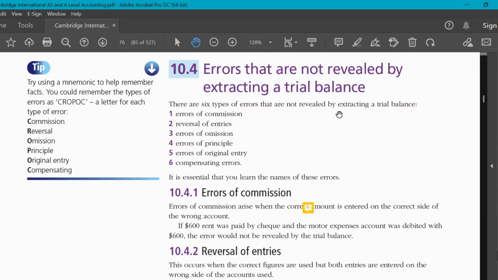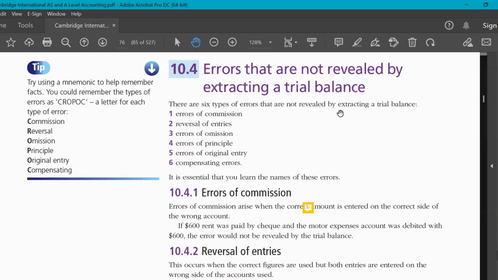The obvious one would be if the totals do not agree. But sometimes, if the debits and the credits are equal, we have to double check again because there might be some errors which are not revealed by a trial balance.